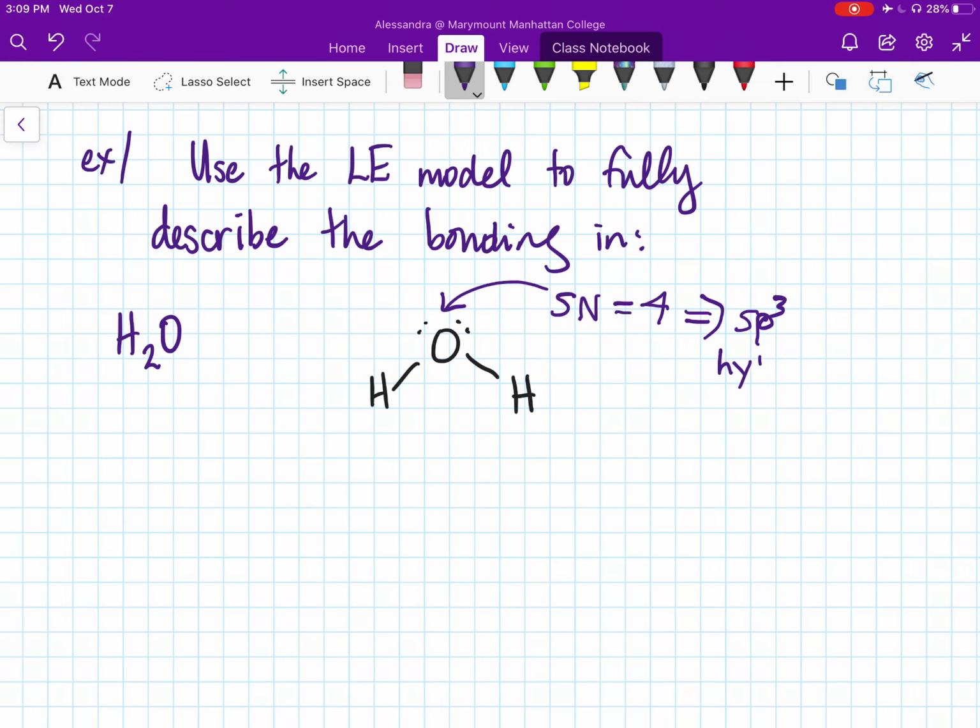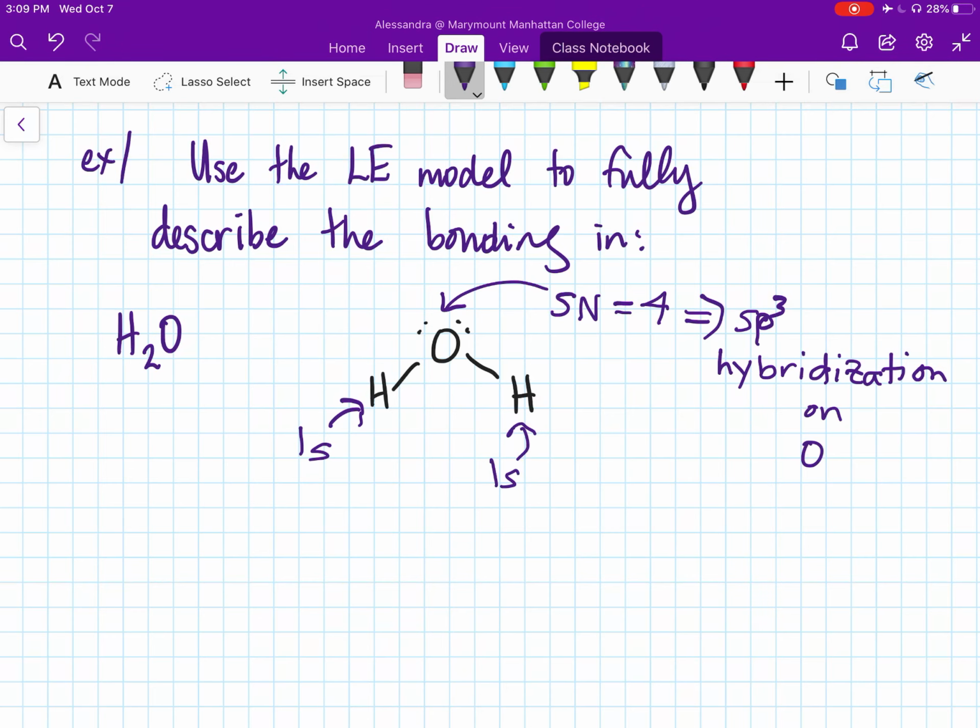So there's sp3 hybridization on the oxygen. Now, hydrogens only have one s orbital, so we don't ever have to worry about hybridization for hydrogen atoms, because they only have the 1s atomic orbital, and there are no p orbitals to hybridize.